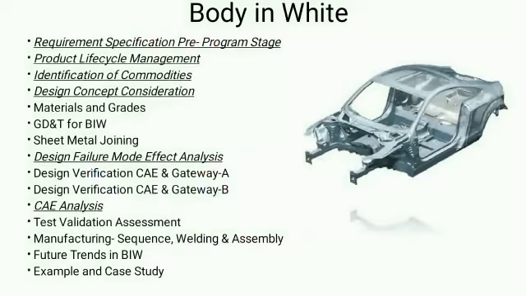A requirement specification for the pre-programmed stage is there. Then product lifecycle management is there, and the identification of different commodities. It may be a door, a roof, a tail, or simply a firewall. So many things are there, and those will be learned in the body in white.